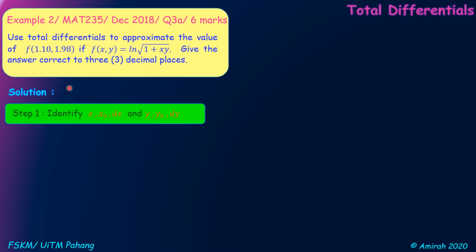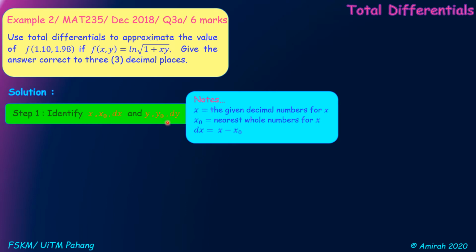Step 1, we need to identify x, x naught, dx and y, y naught, dy. We recall that x equals the given decimal number for x, so x equals 1.10. x naught equals the nearest whole number for x.